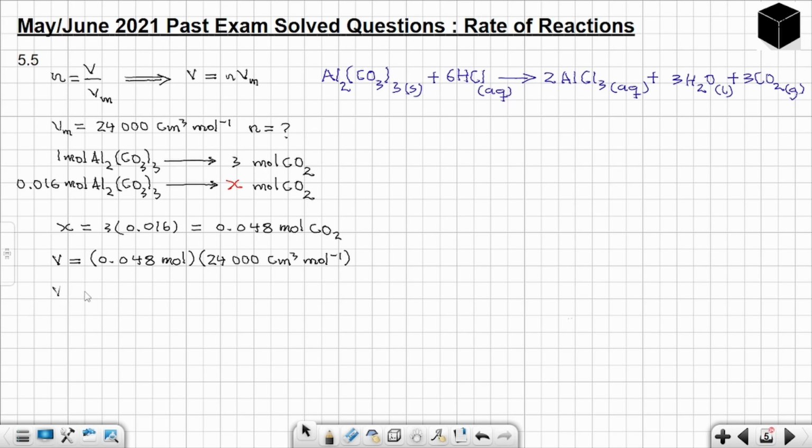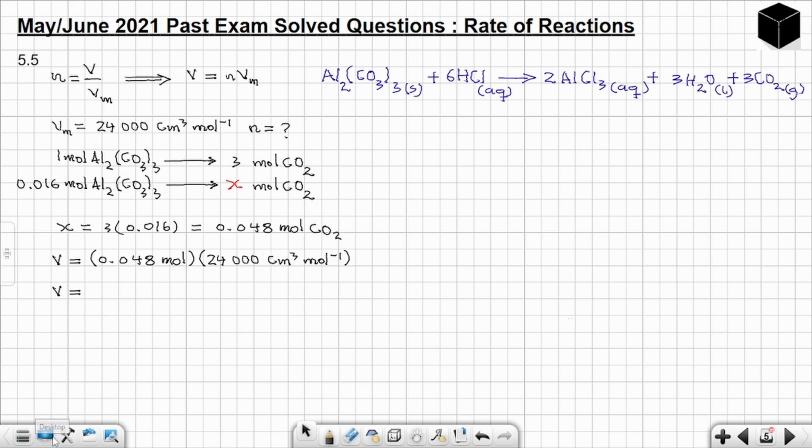And what is V equal to? V is equal to, when you take this times this. Can you see the unit of volume will be cubic centimeter, because this is per mole, and mole times per mole will cancel. And the unit will be cubic centimeter.